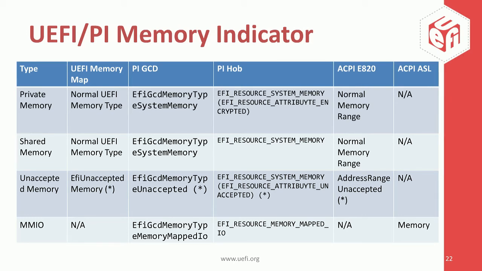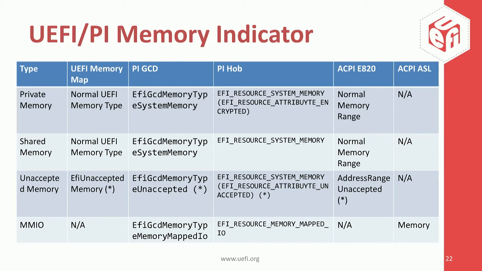And we don't need to distinguish the private memory and the shared memory in the UEFI memory map because all shared memory should be converted back to the private memory at the ExitBootServices event. We may need an indicator in the PI HOB to distinguish the private memory and the shared memory. Then we may use a resource attribute encrypted here.